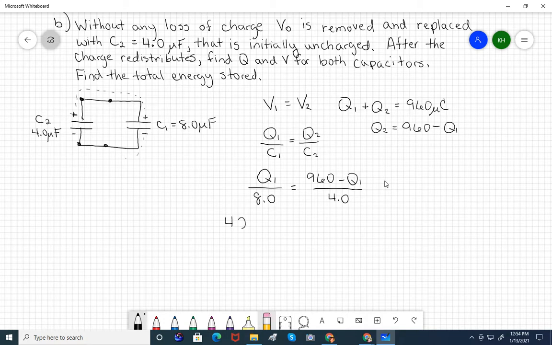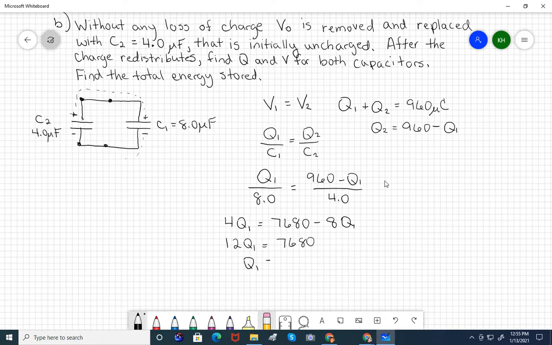If I cross multiply to solve this, it's pretty easy. I get 4Q1 equals 8 times 960, which is 7,680, minus 8Q1. So 12Q1 equals 7,680.